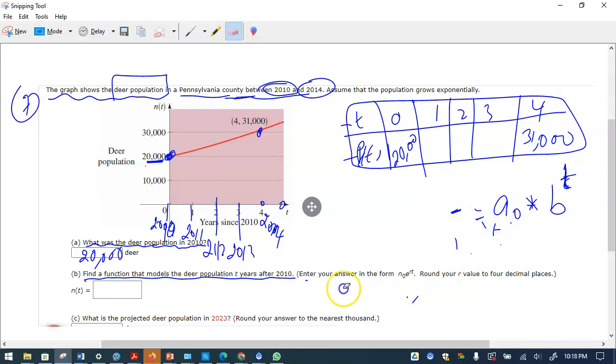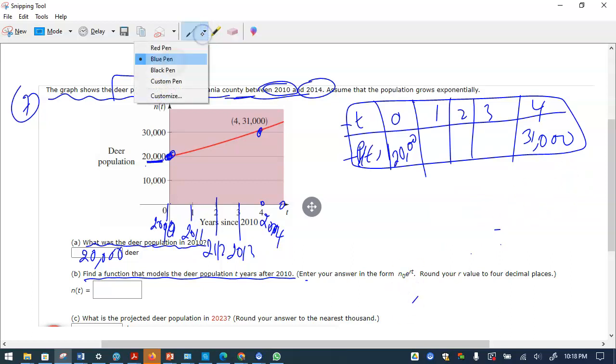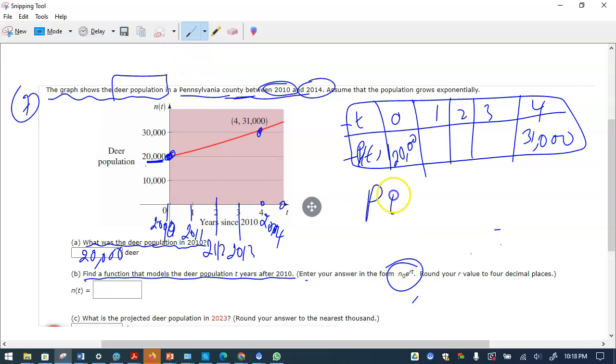All you do is use whatever is compounded continuously. The population is growing every second. So we say the population P(t) is n naught times e raised to rt.